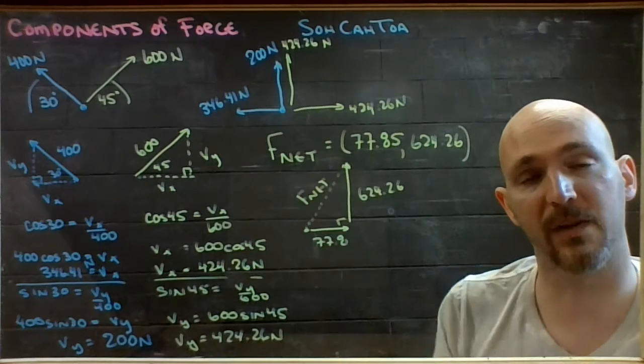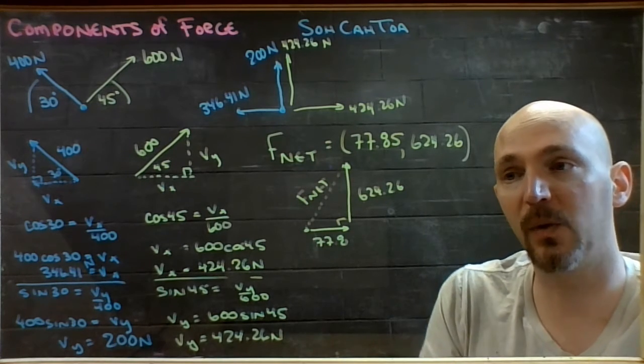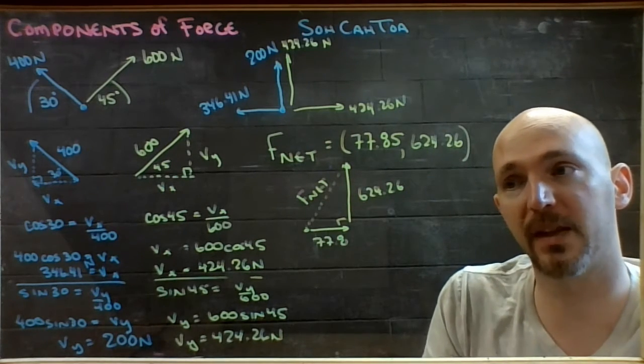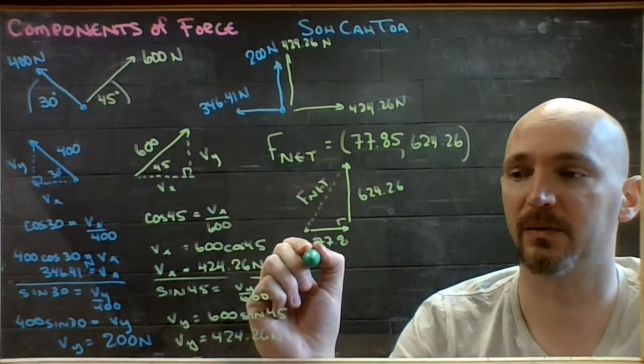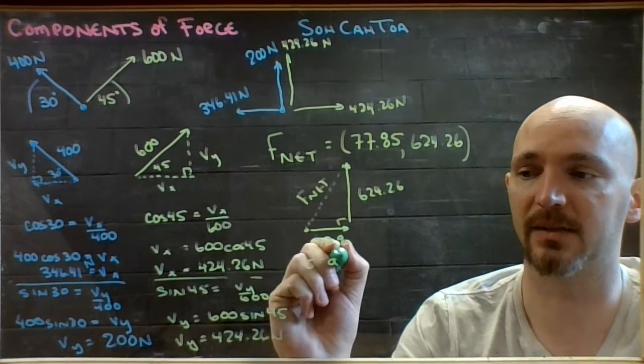So hopefully you see a right-hand triangle there, and hopefully you'll remember that you can solve the length of a hypotenuse in that with the Pythagorean theorem. So c squared is a squared plus b squared.